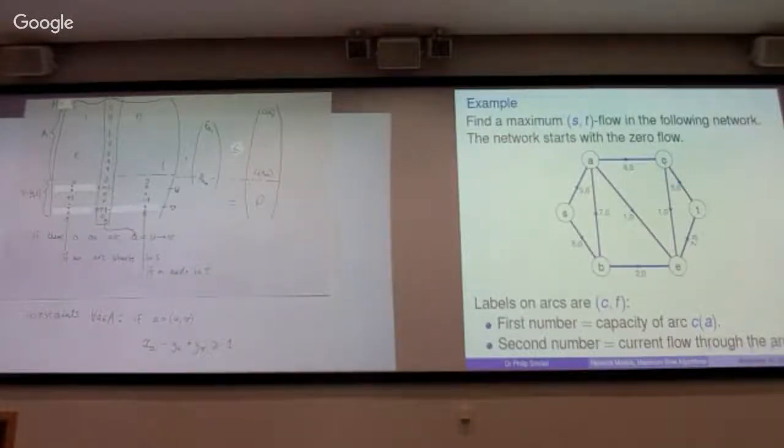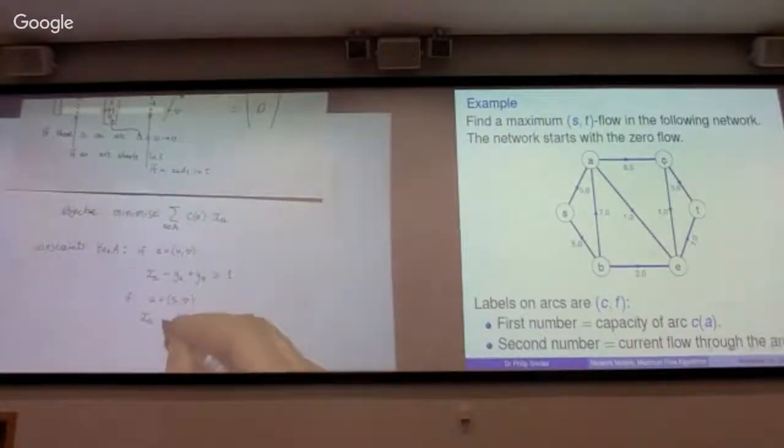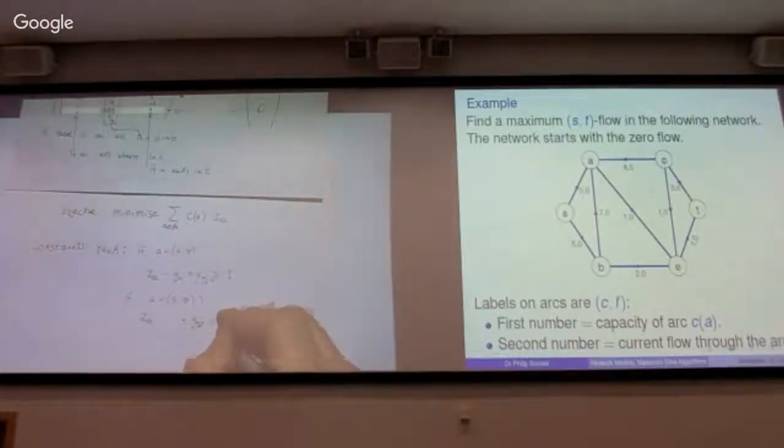Now there are the ones that start in S and the ones that end in T. So if it starts in S, then you could derive from here that XA plus YV is greater than or equal to 1.